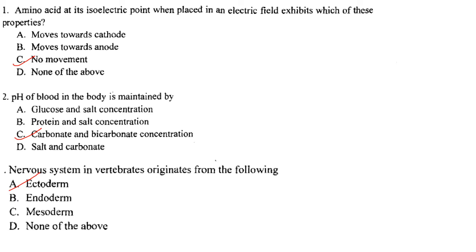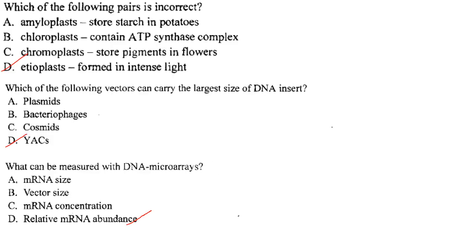Not only for integrated MSc PhD this was asked, it was asked for other MSc entrance examinations also of the same university. Then nervous system in vertebrates originates from the following, that is ectoderm. Answer is option A. Then which of the following pairs is incorrect?